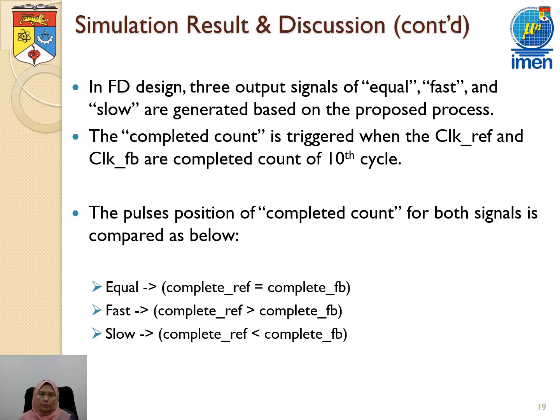So the position of the complete count for both signals is compared below. Equal means complete reference equals complete feedback signal, fast means complete reference is faster than complete feedback, and slow means complete reference is slower than complete feedback.